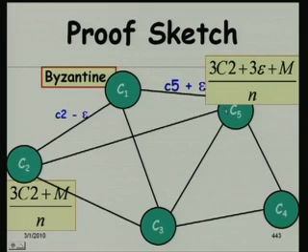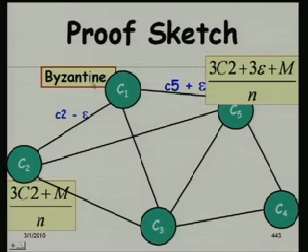Let us see the value that is computed here. Let us assume M is the sum of the time values from all other clocks. Now, let us see the impact of these 3 clocks that we have shown here. So, the value computed by C5 will be 3 C2 plus 3 epsilon by n, and this will be 3 C2 plus m by n.